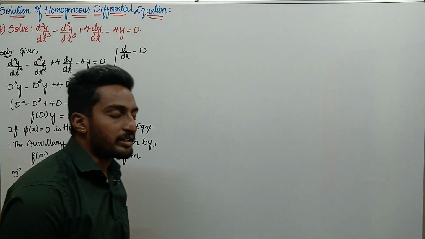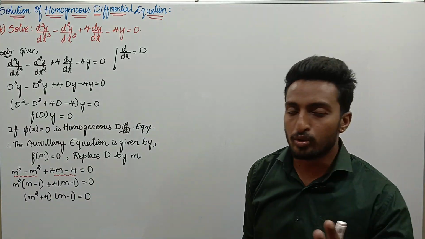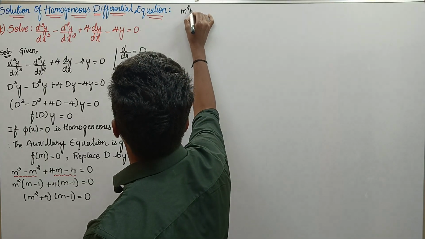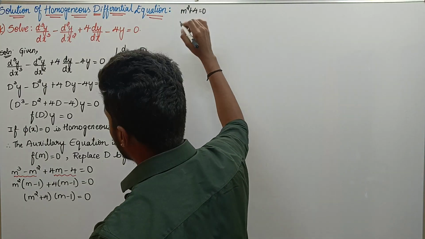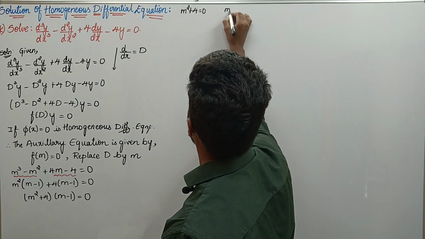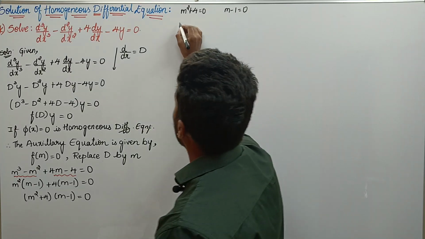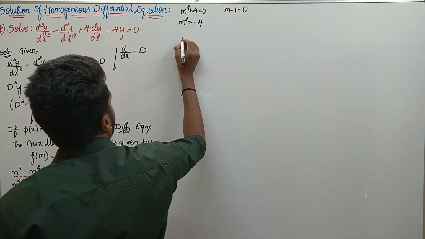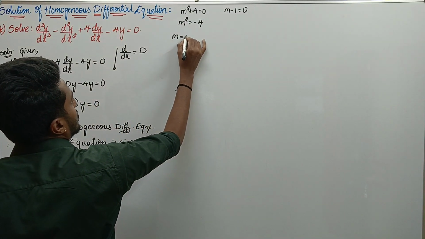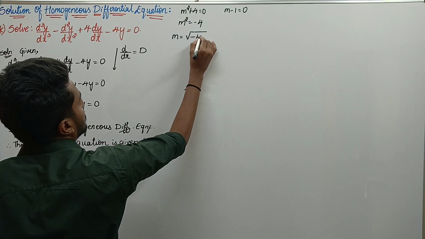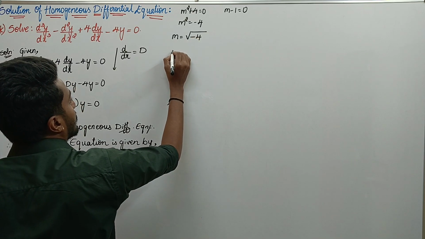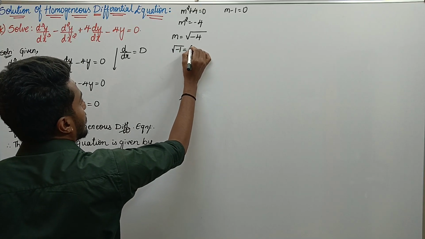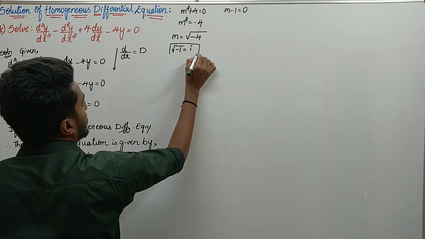Now, considering these factors, we are going to find the roots. How to find the roots? First, m square plus 4 equal to 0. The other is m minus 1 equal to 0. That is m square equal to minus 4. m equal to square root of minus 4. We can remember that the square root of minus 1 is i. This is the important condition.